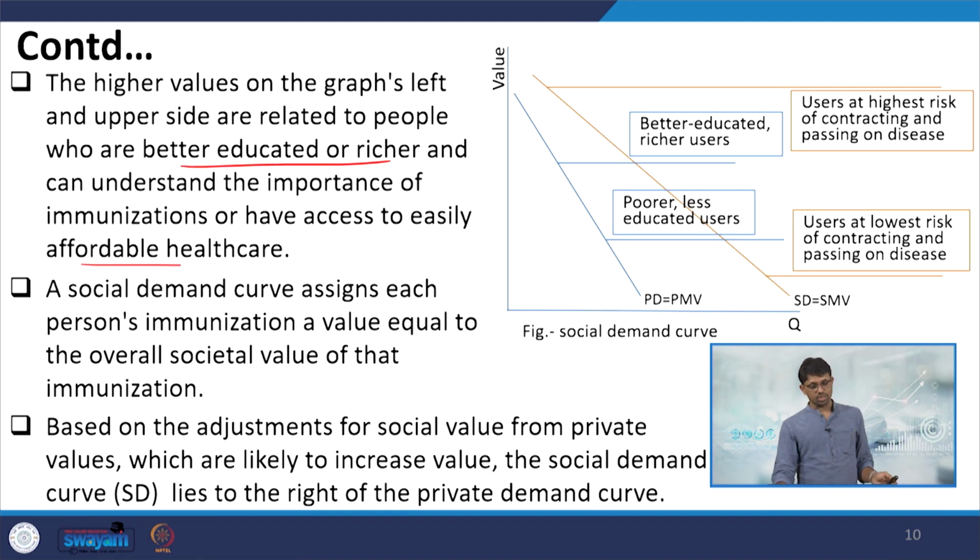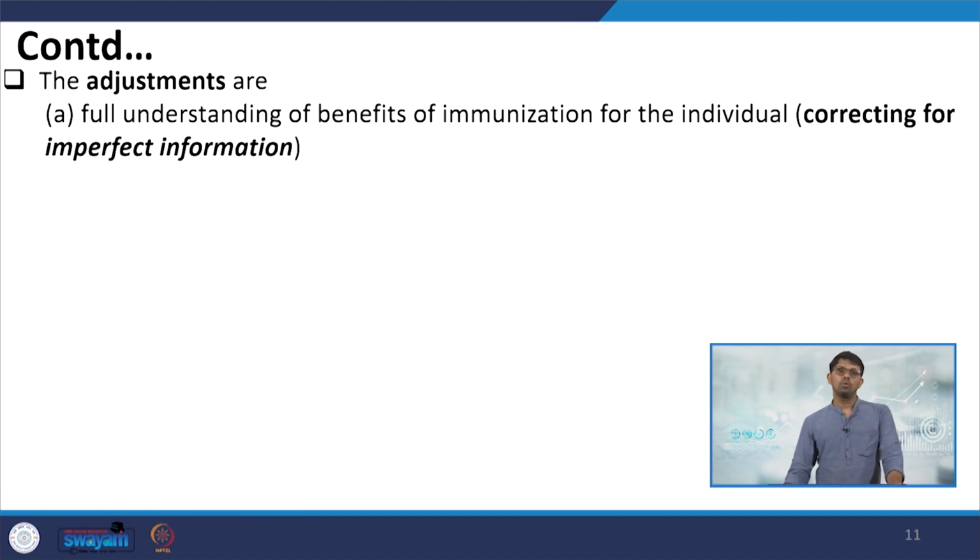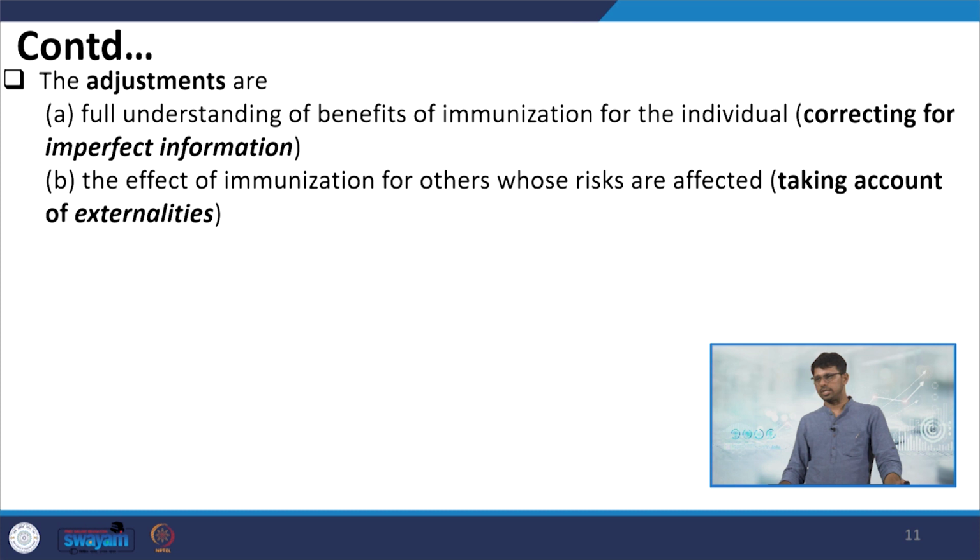Then what do we mean by adjustment, which I have already started discussing? What kind of adjustments are made? Adjustments like full understanding of the benefits of immunization for the individual, correcting for imperfect information. If the benefits are fully observed and understood, in that case adjustments are considered to be faster.